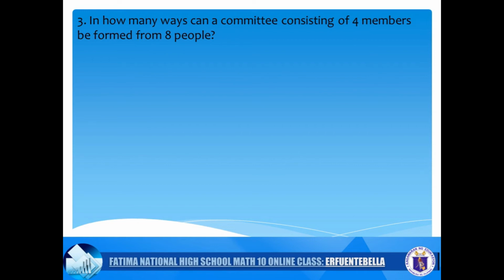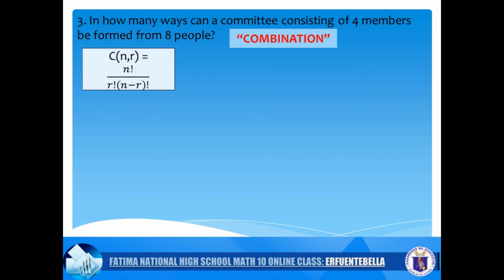So is this permutation or combination? Okay, you are correct. So it is combination because we are only going to choose 4 members out of 8 people. So there is no such arrangement. So it is to choose 4 out of 8. So this is combination. So therefore, we apply the formula for combination.